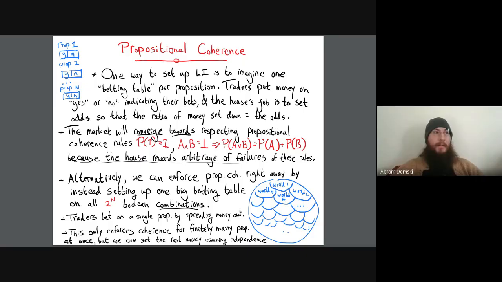Yeah. So I'm describing the logical induction algorithm, or rather a slightly modified version of the logical induction algorithm, as opposed to the criterion. So the algorithm shows that there exist things that satisfy the criterion.